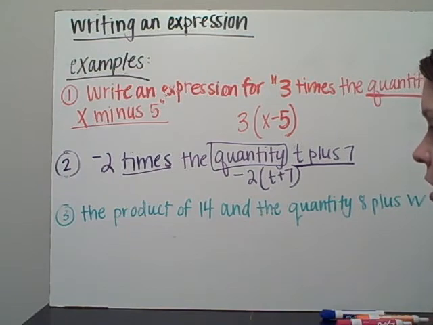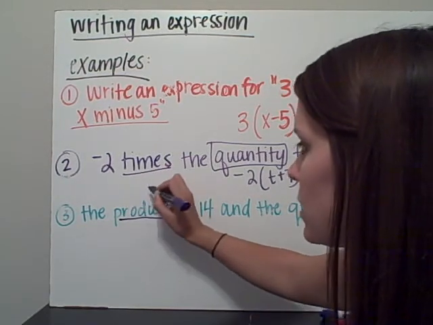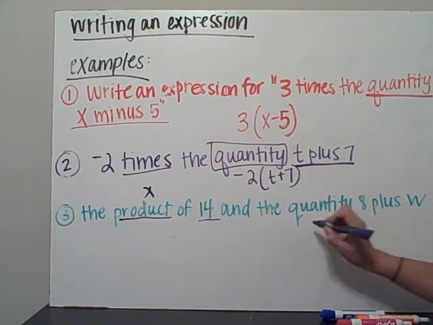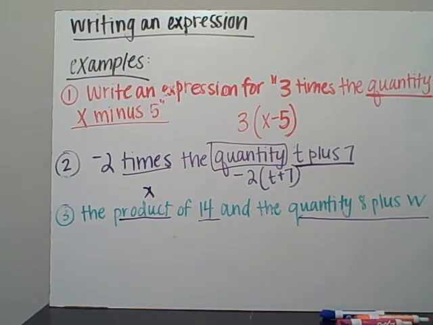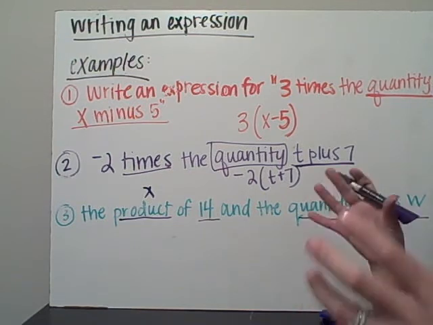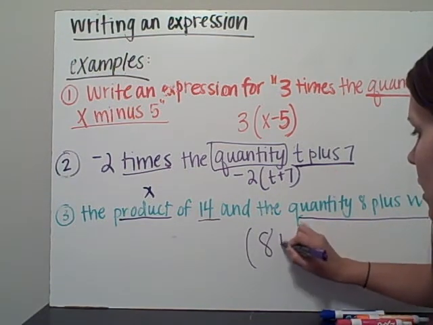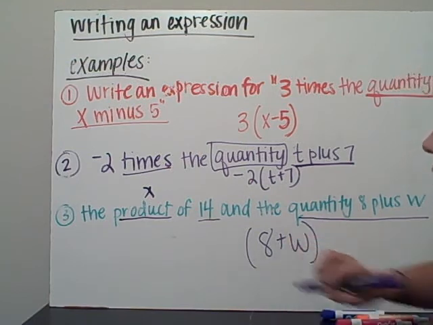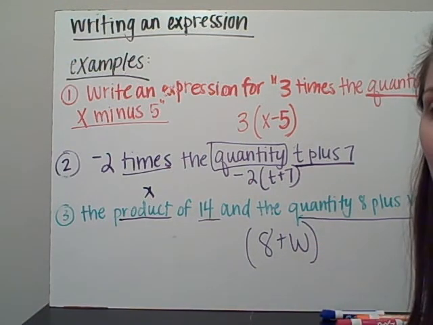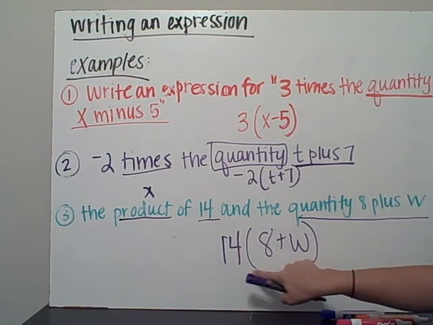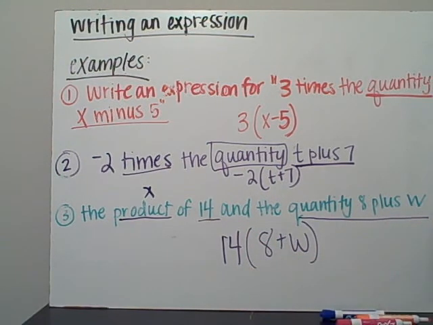The product, which means multiplication, of 14 and the quantity of 8 plus w. Quantity, we take parentheses, so inside that parentheses is 8 plus w, and we're multiplying 14 by the whole quantity. So 14 times the quantity of 8 plus w.